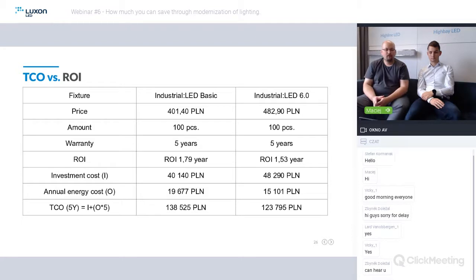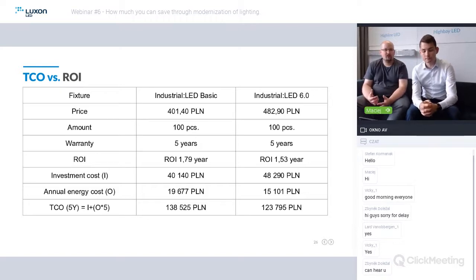So with this, you can say, okay, if my TCO is lower, then it's better for me, because I spent less money in the 5-year period to own and use this lighting system, which means that this difference can be added to the revenue of the company. So this is why the ROI is not everything. The TCO is something that you have to add.